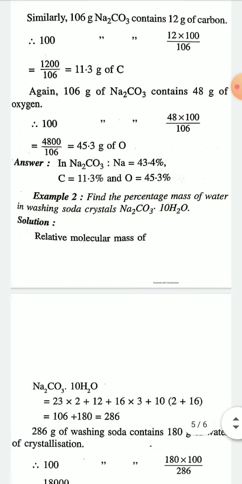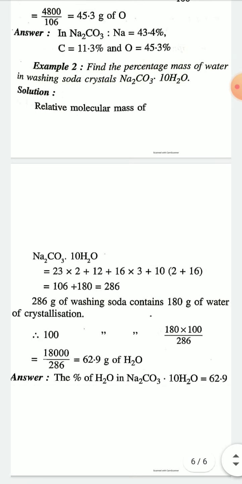Another question: find the percentage of mass of water in washing soda crystal. Washing soda crystal means Na2CO3 dot 10 H2O, and here you have to calculate the percentage mass of water in washing soda crystal.